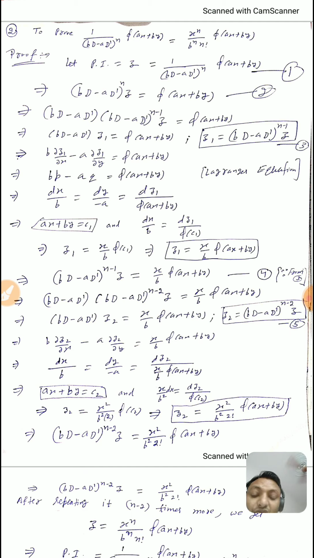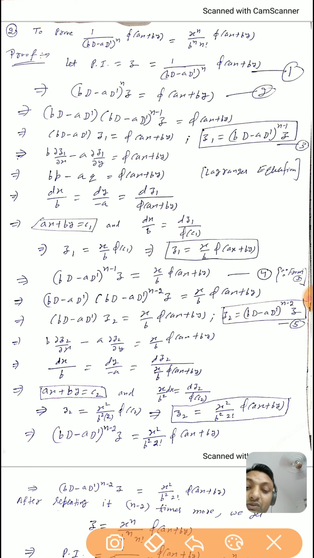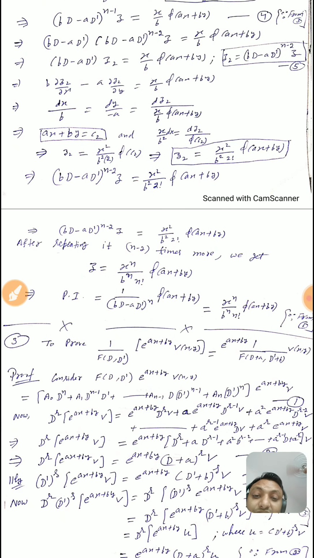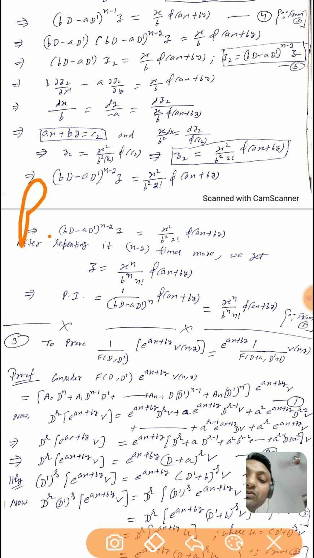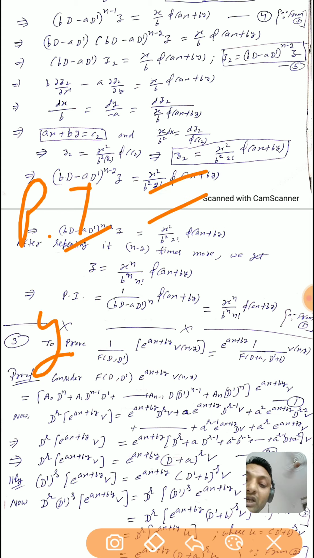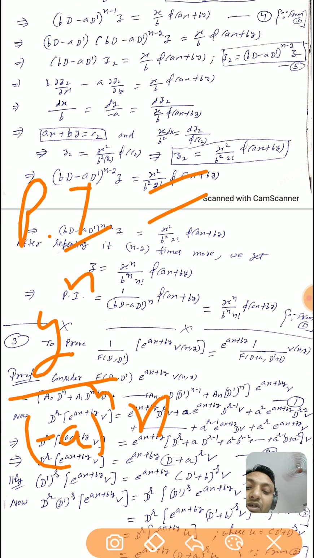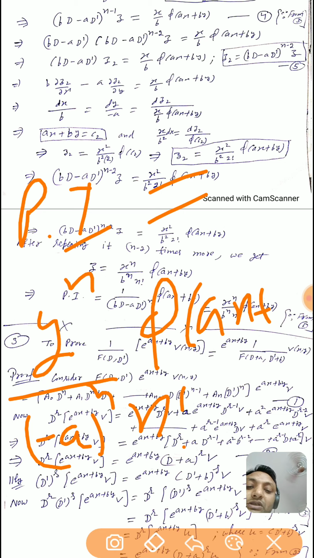That is, if we solve the second and third instead of the first and third, then the particular integral will be equal to y power n upon minus a power n into n factorial into phi of AX plus BY.